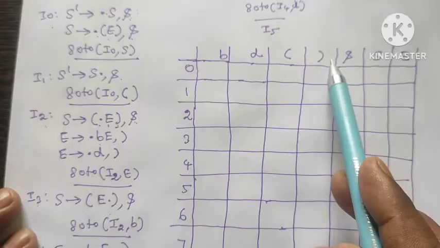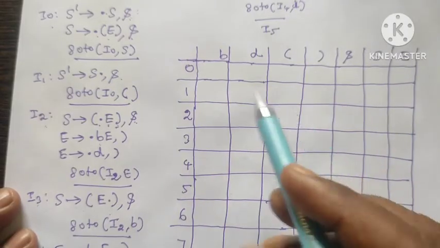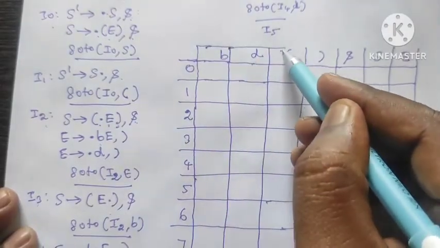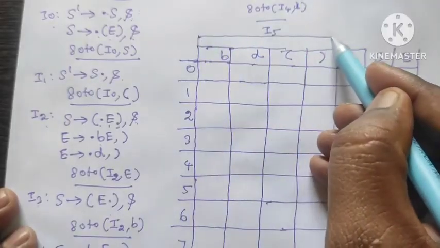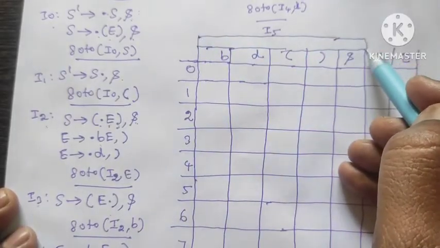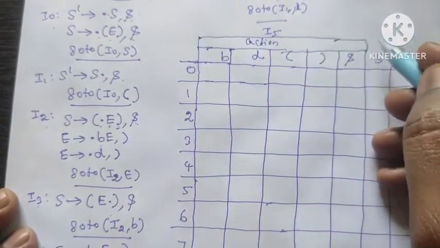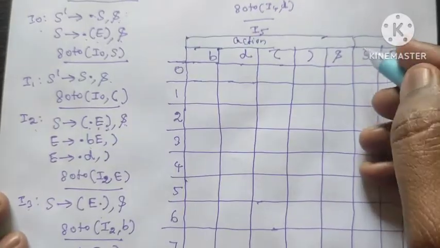All the terminals are called action, and all the non-terminals are called go to. Up to this it is called action, and anything after this is called go to.